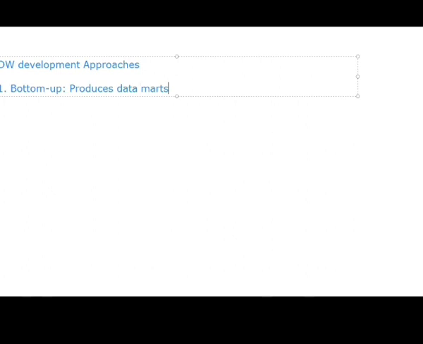There are basically two development approaches for a data warehouse, that is the bottom up and top down approach. The bottom up approach is to produce smaller data marts which are needed for the reporting needs of different departments or functions as needed.